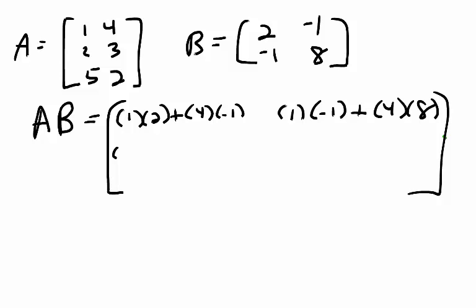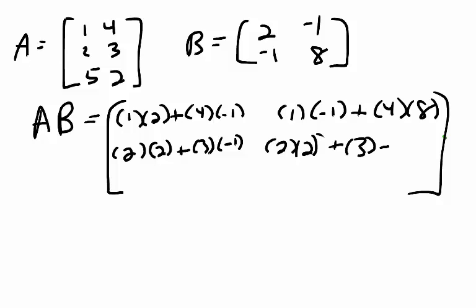Going to row 2, column 1, I have 2 times 2 plus 3 times negative 1.